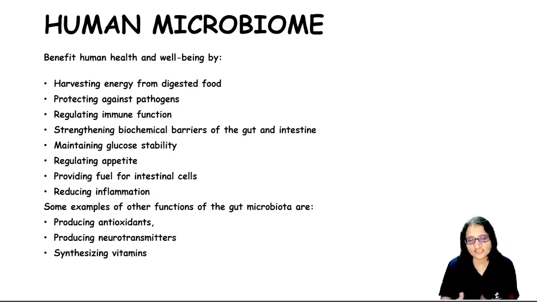And thirdly, the microbiome helps in regulating immune functions. The gut microbiota helps in shaping the maturation and functions of the immune system, both locally and systemically in other tissues also. The gut microbiota stimulates the innate and adaptive immune system, by which the body is able to recognize what is self and which ones are non-self microorganisms.